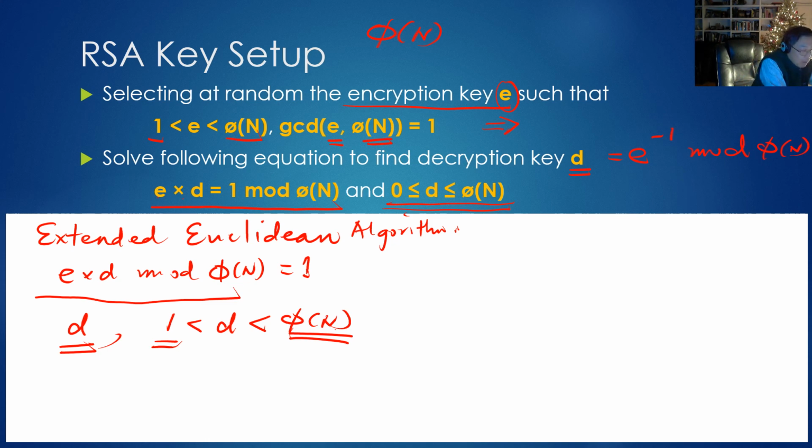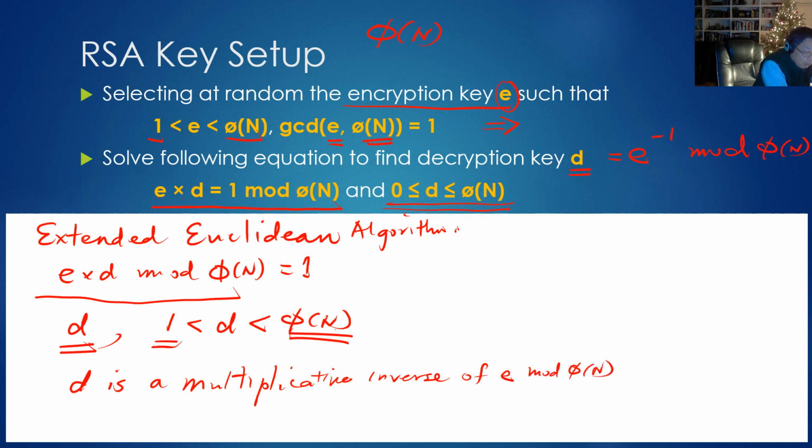Now, how can we do this? We need to know that if D is a multiplicative inverse of E modulo phi of n, then any number like D plus phi of n is also a multiplicative inverse of E modulo phi of n.